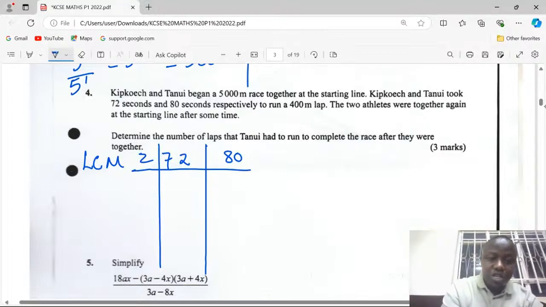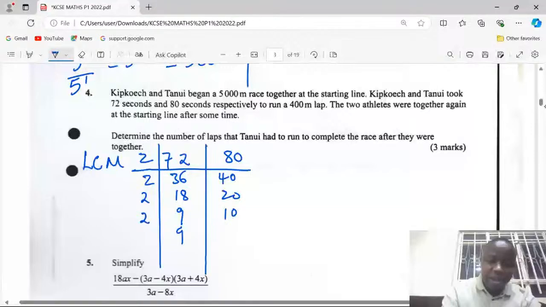The first one is usually 2, so that is 36 and 40 by 2, 18 and 20 by 2, 9 and 10 by 2 again. 9 remains, 10 becomes a 5. By 3, we will have 3, 5. Then by 3 again, 1, and finally by 5.